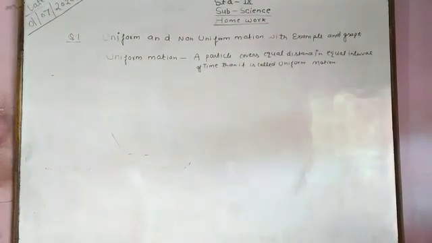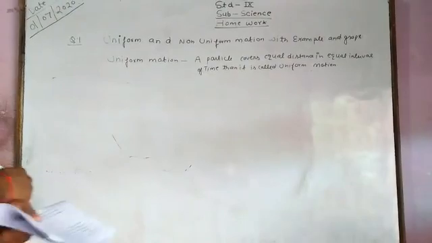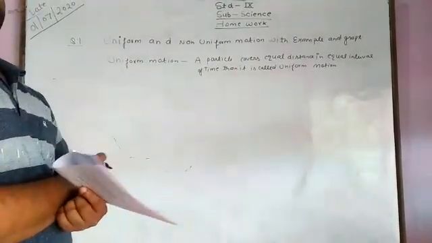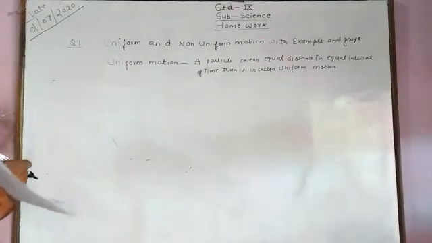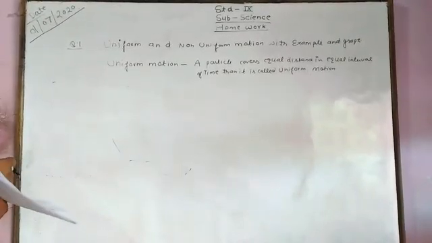An example of uniform motion is if a particle has a constant speed and is moving in a straight line or in a uniform circle, then its motion is called uniform circular motion.